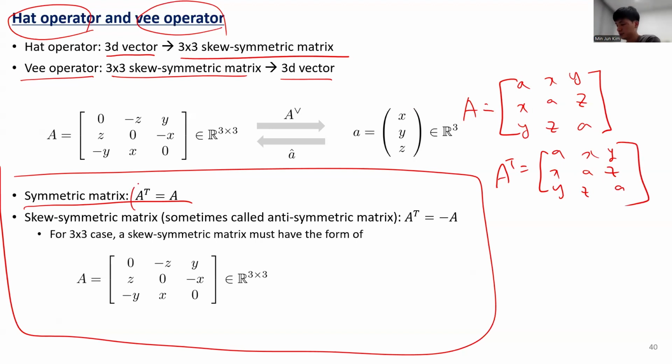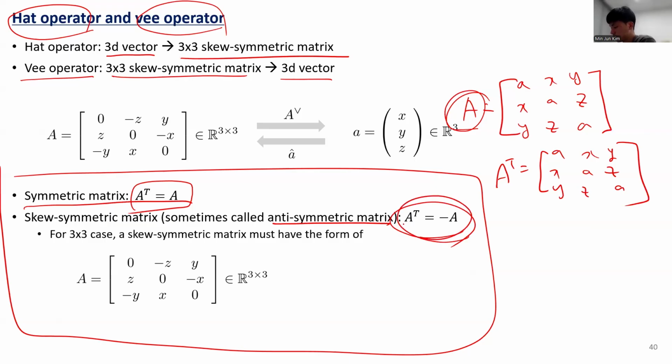In that case, matrix A is called a symmetric matrix. And since this is a 3x3 matrix, this A is a 3x3 symmetric matrix. Then what is skew symmetric? Sometimes called antisymmetric, it's a matrix that satisfies A transpose equals minus A.